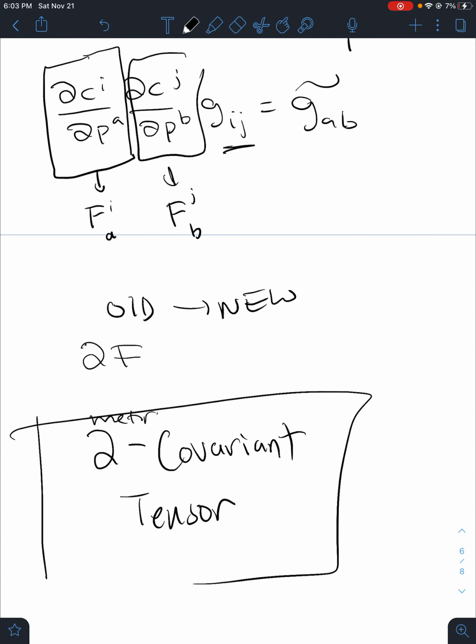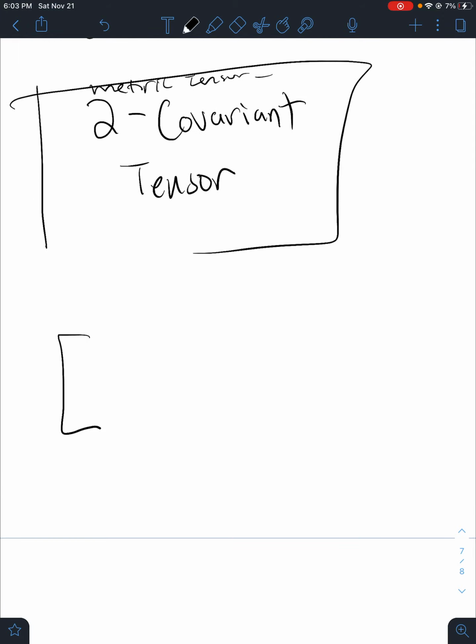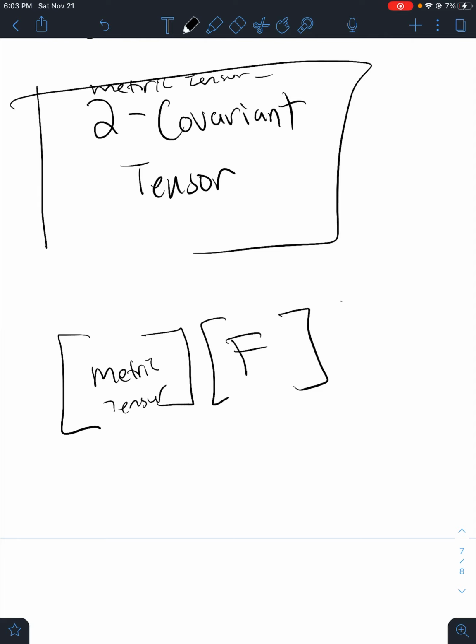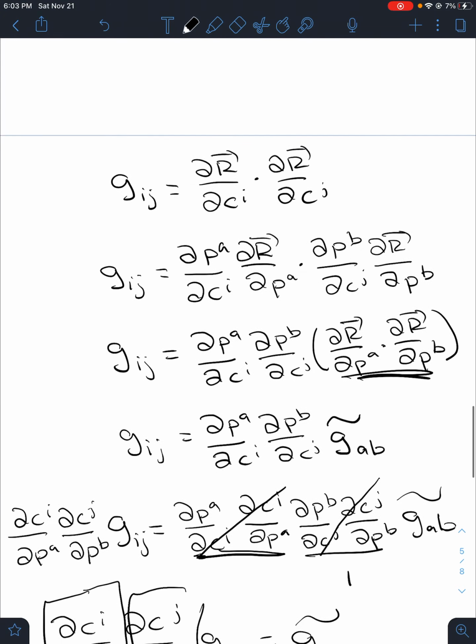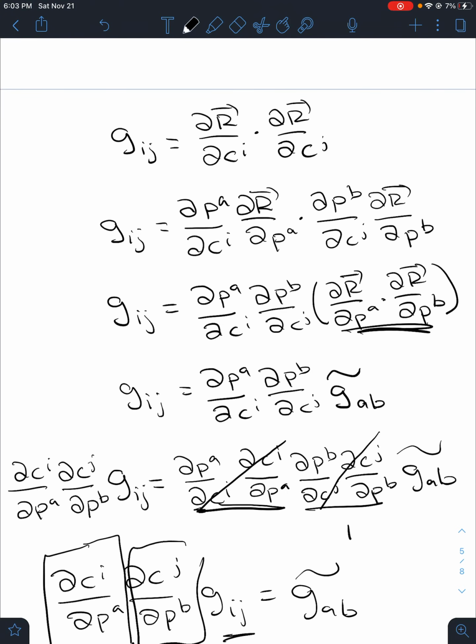In other words, if we have the metric tensor over here, we'd have to multiply it by the Jacobian matrix, or the forward transformation, twice to get the metric tensor in the new basis. And here's the old basis. So yeah, that's a brief rundown of it, and that's how you find out the transformation of the metric tensor.